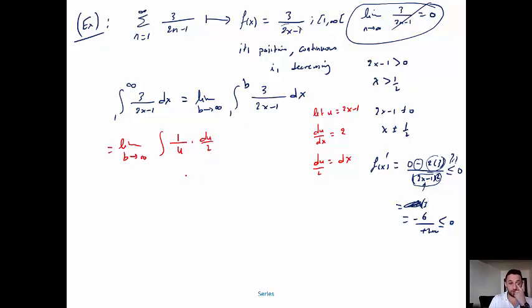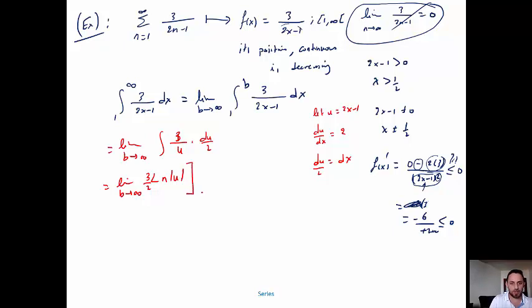Alright, b goes to infinity. The integral of 1 over u is ln u. Here you have 3 over 2, you can bring the constant outside. The integral of 1 over u is ln u. And here you have some boundaries, 1 and b.